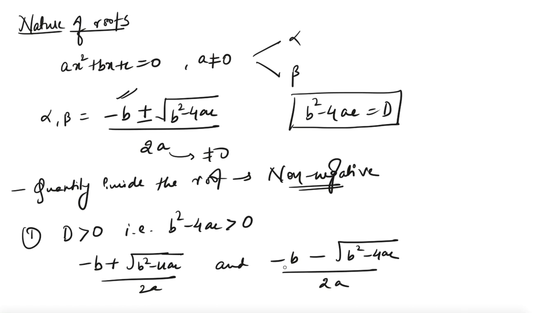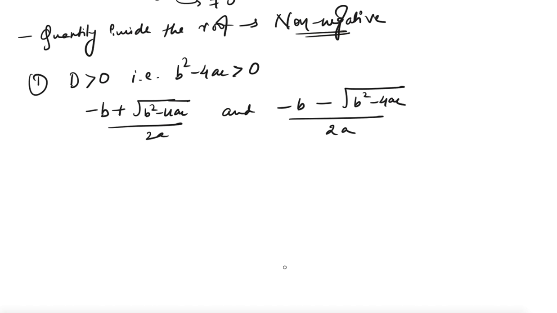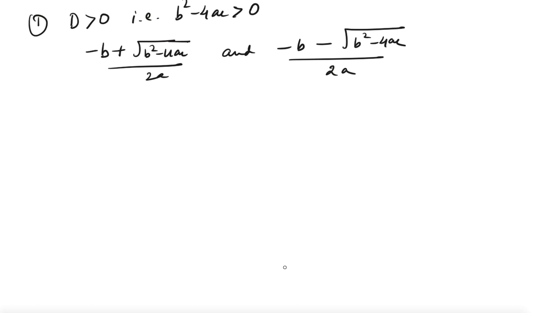As you can see, both the roots are completely different from each other and they are also real. Hence, when D is greater than 0, we say that the roots are real and unequal. Easy to visualize, because you're adding a quantity to minus b and subtracting a quantity from minus b, so obviously you will have unequal roots. And since everything is defined inside the root, they are real as well as unequal.